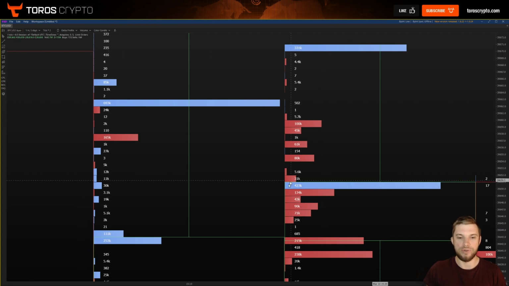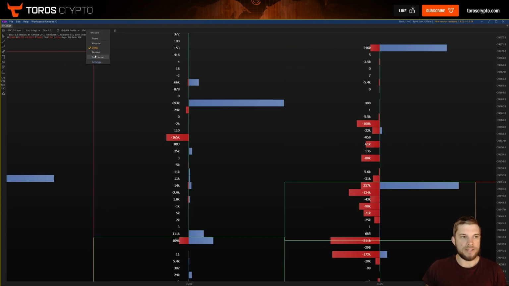But what you have to do, of course, in order to change that, because we're still seeing the same figure, you will change this to delta, and you can see at this point we have had 257,000 more contracts bought than sold at that 39,650 price. And again, here you get the red ones, minus 134k delta, minus 43k delta, and so on. So again, it's the same. You get the wider bars for the higher delta and the smaller bars for the lower delta. So then we go down once again and we can look at your bid ask.